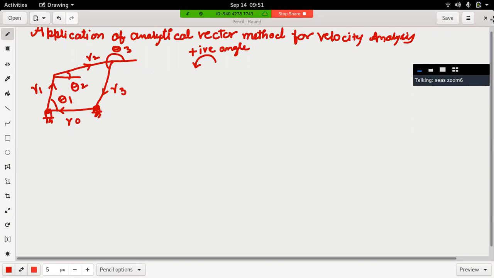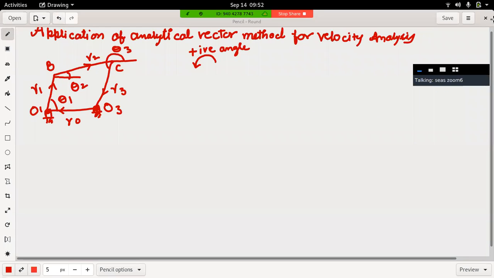Let's say there are these 2 points, O1 and O3, which belong to R1 and R3, and let's say this point is B and this point is C. So our objective is to determine the velocity of any point on link BC or link R2 or link R3.